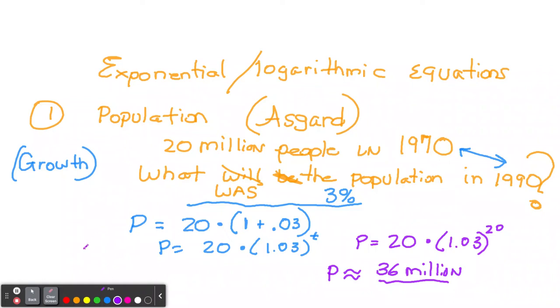And let's add more to this. All right, I'm going to clear this out. Boom, there we go. So let's go back to red. Let's say we want to know what the population would be in 2022. So again, the initial population was 20 million.